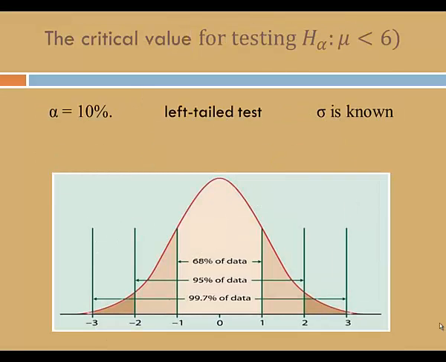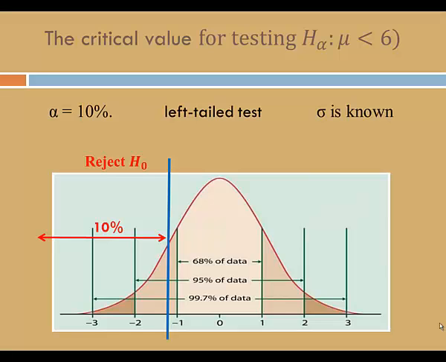Let's find the critical value for testing the alternative hypothesis mu is less than 6. Again, alpha is 10%. We determined that this is a left-tailed test, and we're assuming that sigma is known and equal to 2. Since this is a left-tailed test, our rejection region is on the left-hand side, so we're looking for a line that puts 10% of the probability in the left tail.